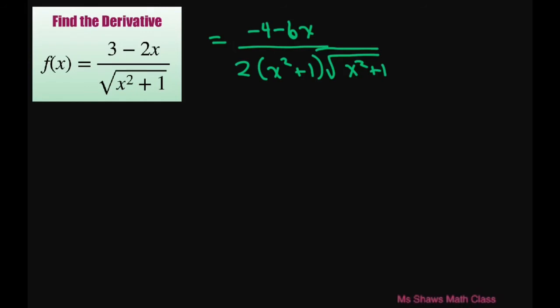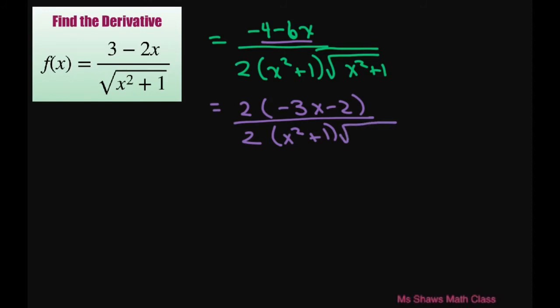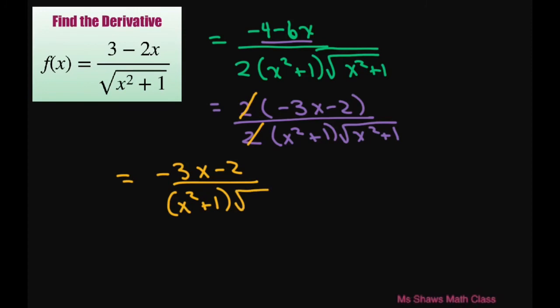All right, factoring out a 2 here, I'm going to get this equals 2 times negative 3x minus 2 divided by 2, x squared plus 1 times square root of x squared plus 1. All right, the 2's cancel. So we're left with this equals negative 3x minus 2 divided by x squared plus 1 times square root of x squared plus 1. So this is a good answer here.